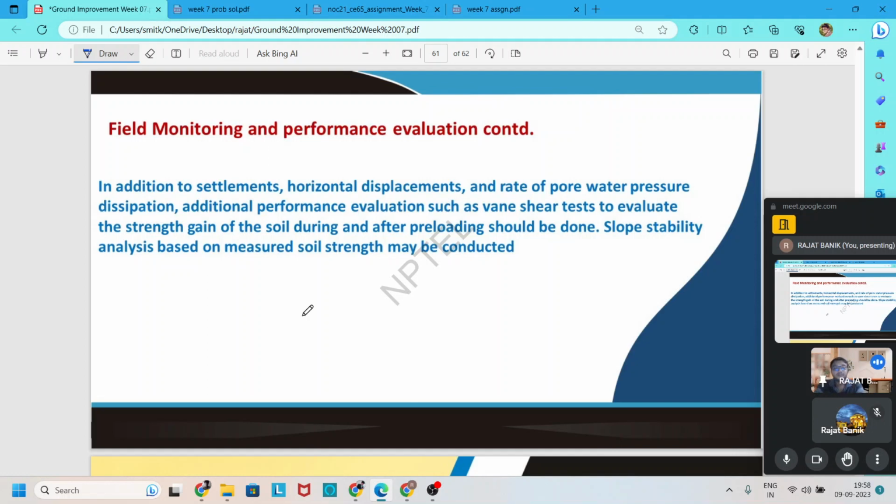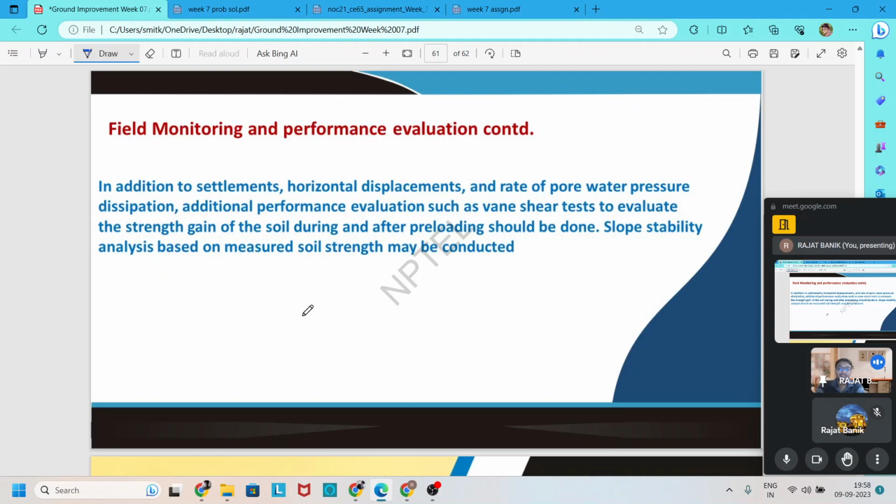That means by this vane shear test, we need to find out the strength of the soil due to the pre-consideration, and also apply slope stability analysis to find out the soil strength regarding the stabilization of the slope.